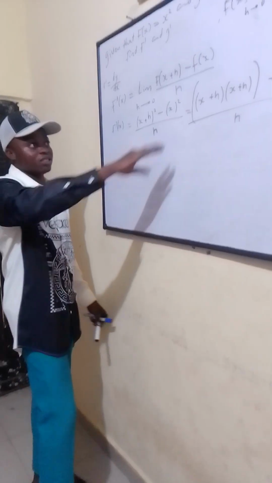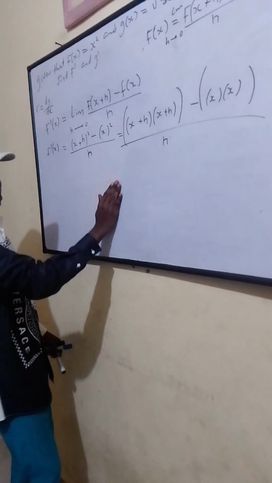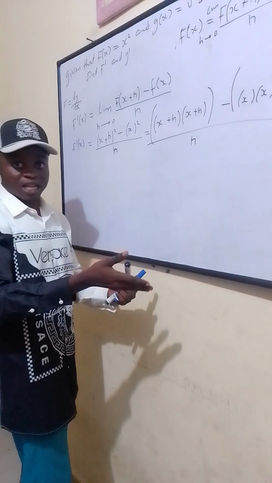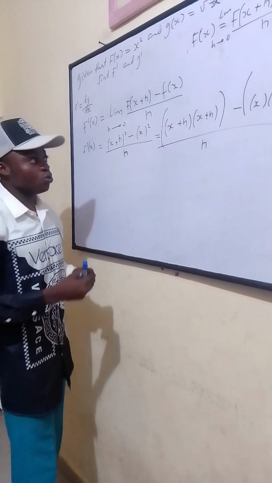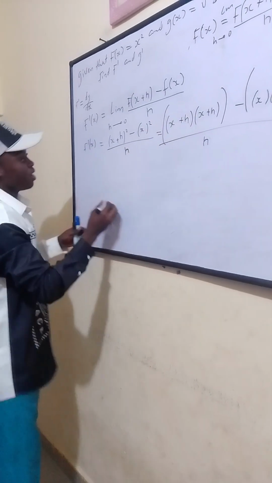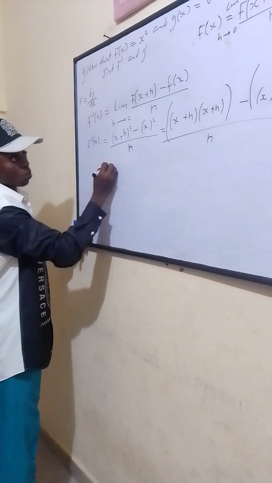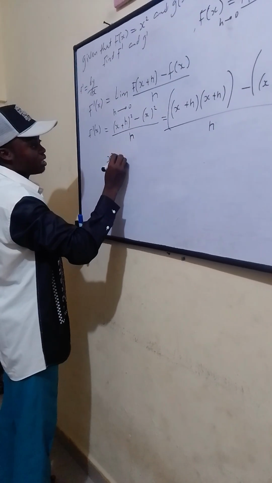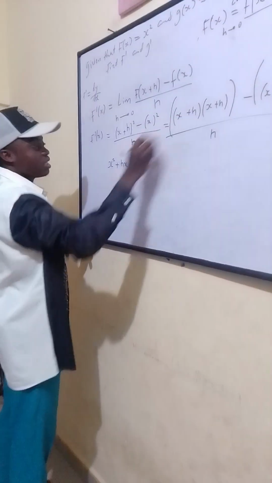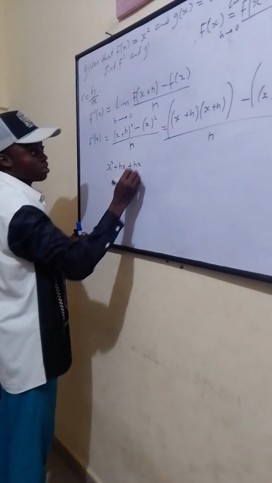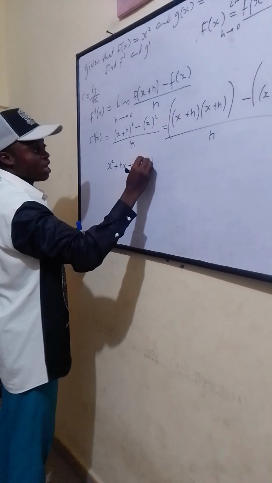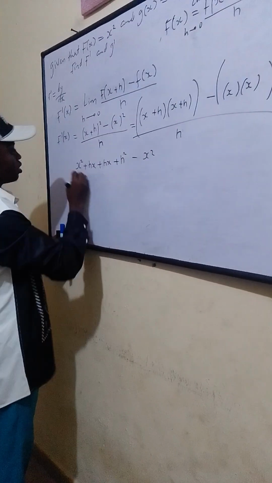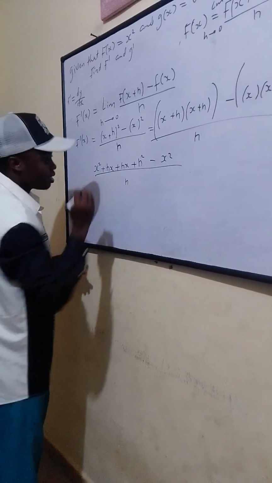How do we expand? First identity to second identity, in all the pari-passu. x times x we have x squared, x times h we have plus hx, h times x we have plus hx, h times h we have h squared, minus x squared all over what? h.